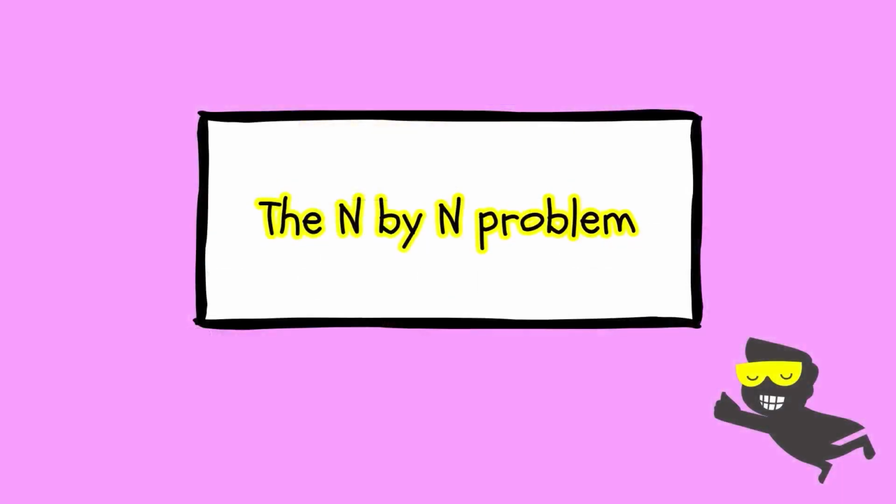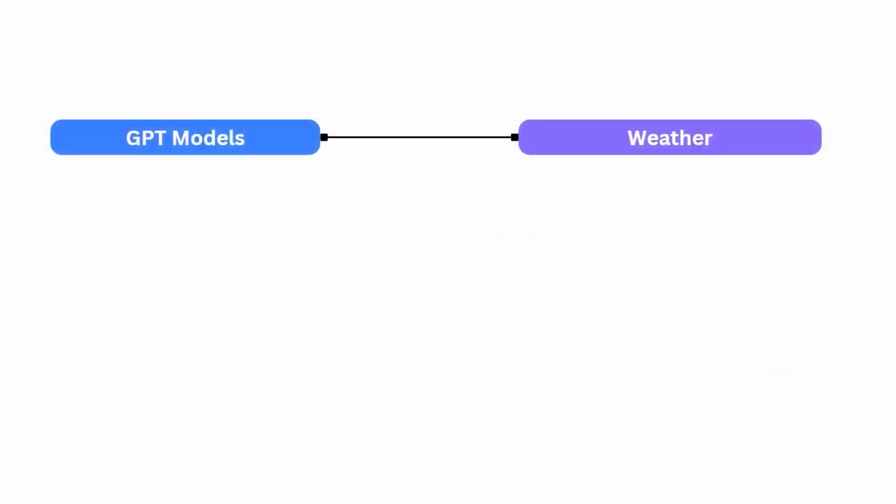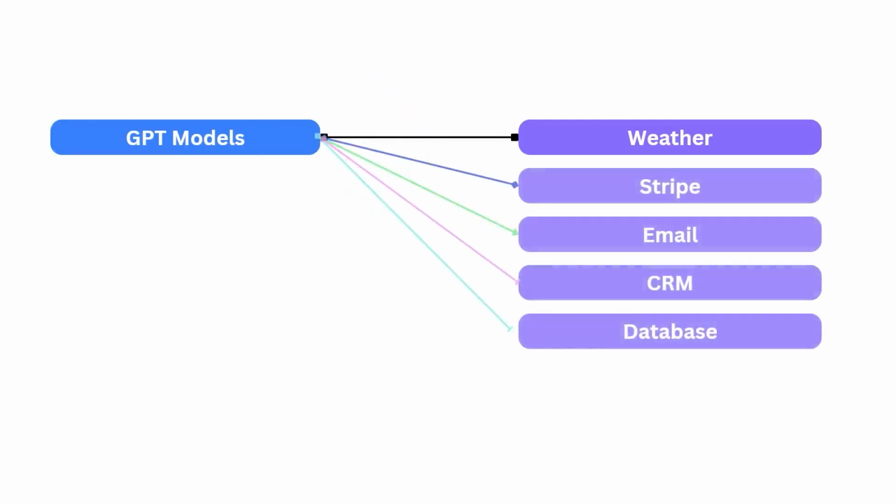Now, we also have this end-by-end problem. This is something that we aim to fix with the MCP, because if you have an AI or several and you want to connect, it's a problem if they're all different. Let's say that we have a GPT model and you want to know the weather. That's easy. You can connect it to one. But then, if you want to connect to Stripe, email, CRM, a database, you have 5 different connections.